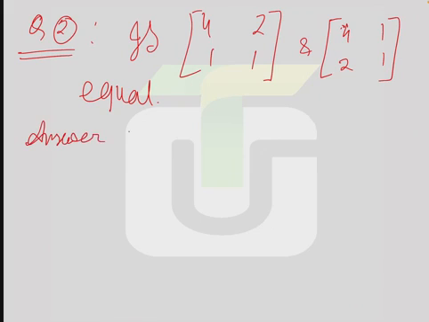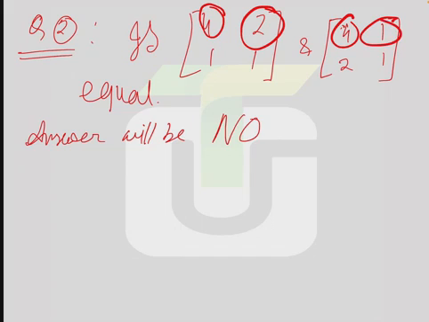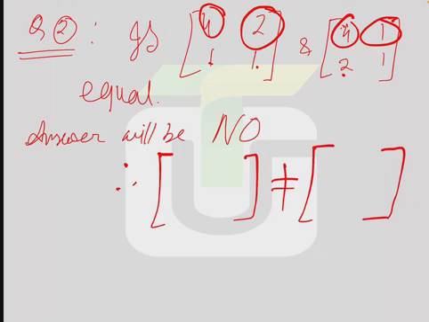The answer will be no, right? No. Why? Because the order is the same, okay, clear, but criteria number 2 is what? Corresponding elements should be equal, but here 4, 4, okay, this one is 2, but this one is 1. 1, 1, 2, 1, right? So therefore this is not equal to this, right? Okay, so this matrix and this matrix are not equal, right?